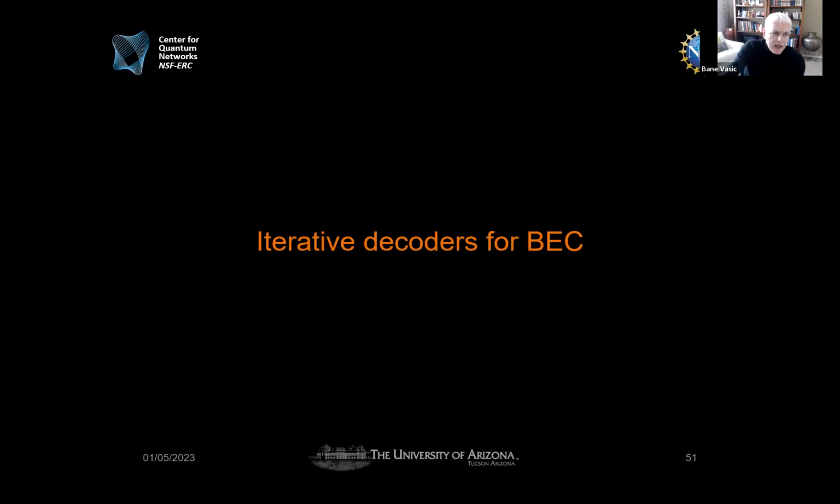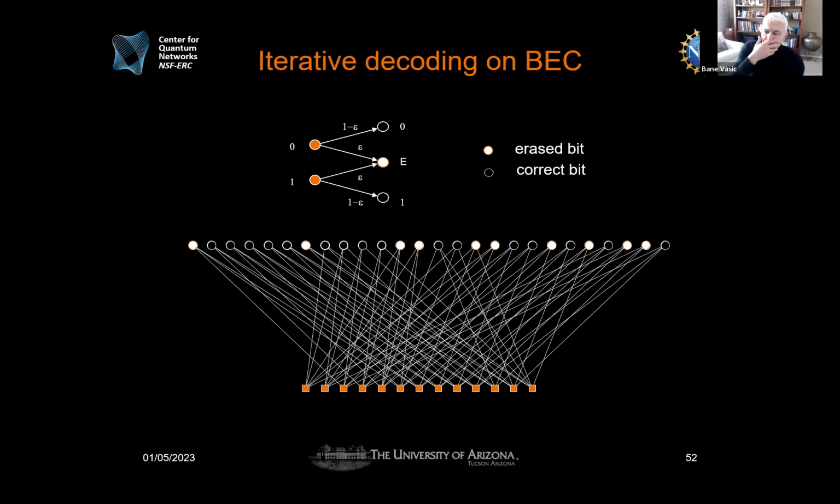question. So let's say now I want to design a decoder for binary erasure channel, and this decoder needs to operate on this Steiner graph. So what I do is the following. Remember, our channel doesn't make errors; it can only introduce erasures.